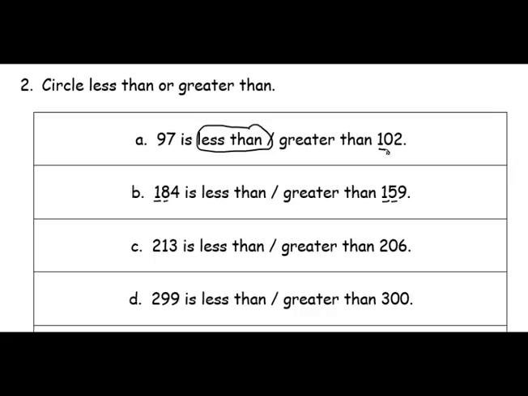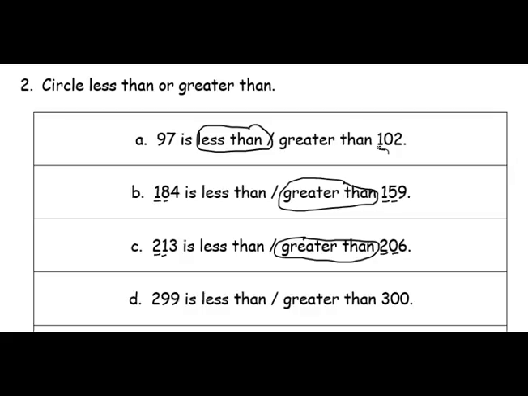That automatically means that 184 is greater than 159. In problem C, I have 213 and 206. They both have 2 groups of 100, but 213 has a group of 10, while 206 does not have any groups of 10. So 213 is greater than 206.